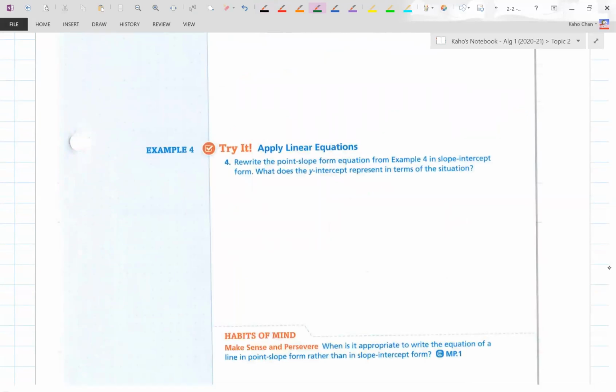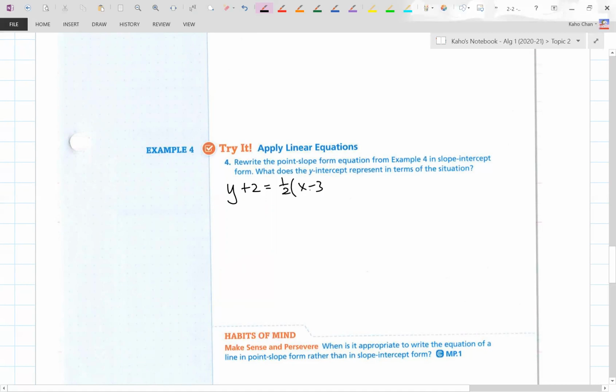What does the y-intercept represent in terms of the situation? Okay, so a moment ago, we graphed the equation y plus 2 equals 1/2 times x minus 3. We want to put it into slope-intercept form. Okay, that's what we're trying to do. y minus y1 equals m times x minus x1.